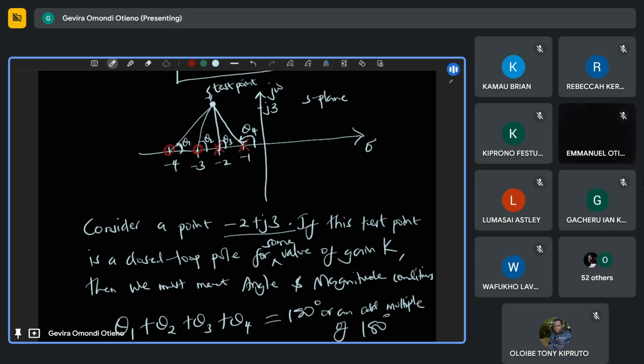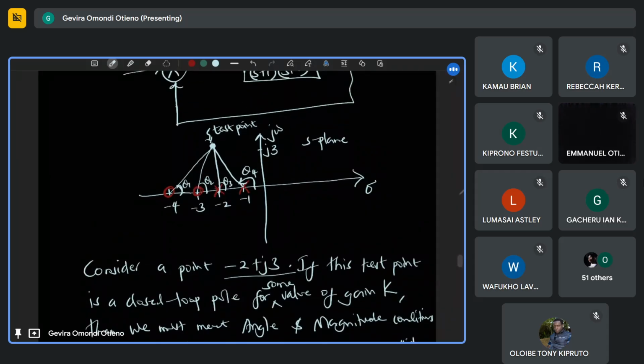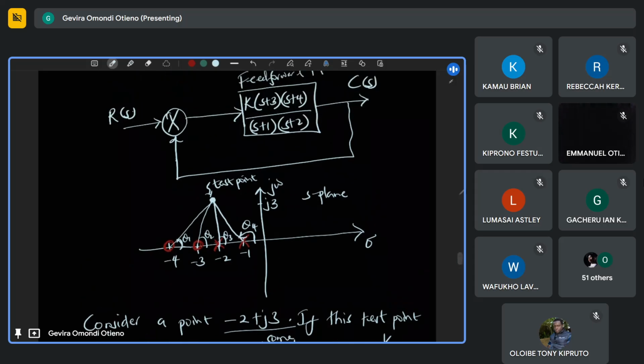That is, we know that if the test point -2 plus j3 lies on the root locus, then if we subtend all these lines to the poles and the zeros of our feed-forward transfer function, we should be able to add up these angles, and they should add up to 180 degrees.